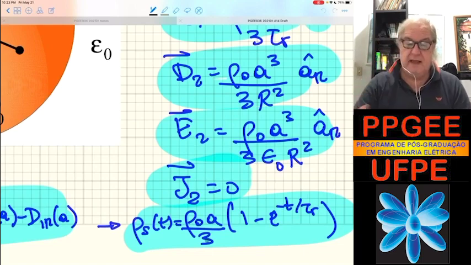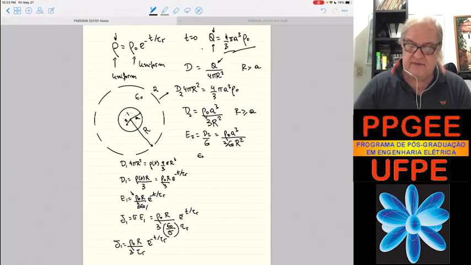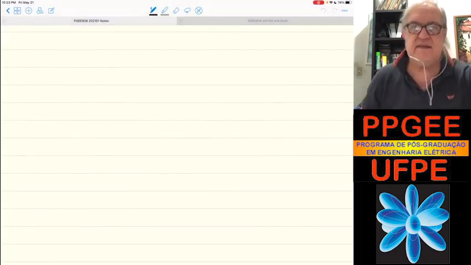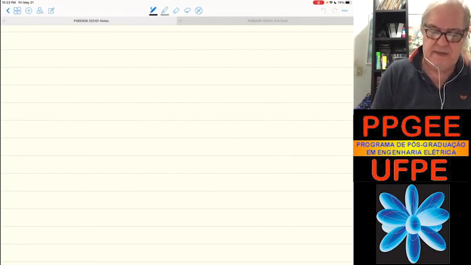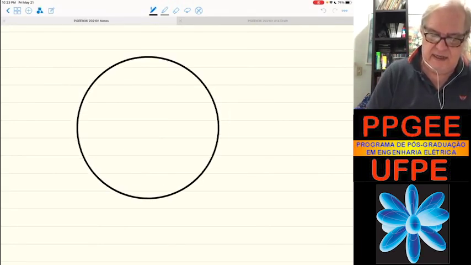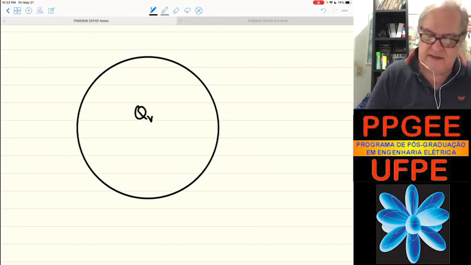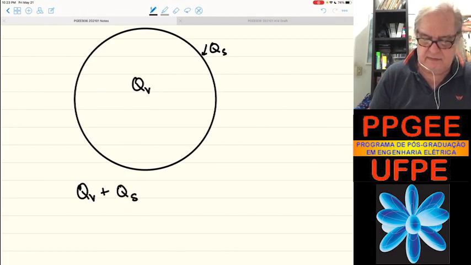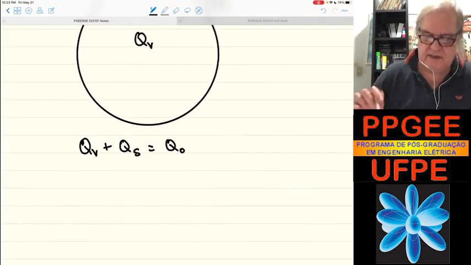Well, you can also derive this surface density by looking at the volume charge and the surface charge, and the sum is constant, which is the charge initially established.